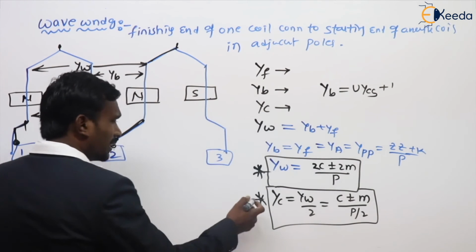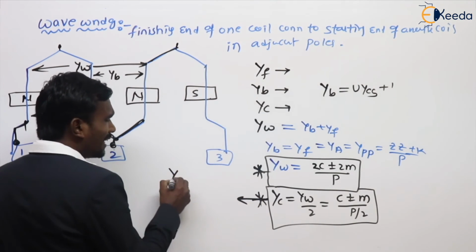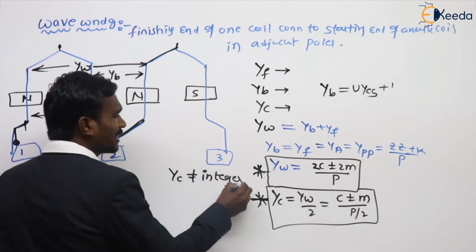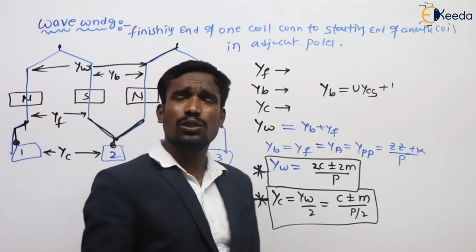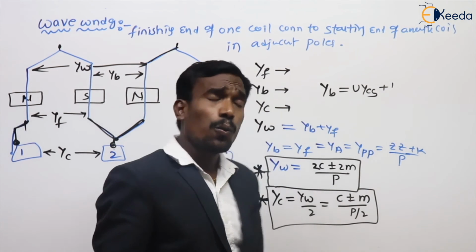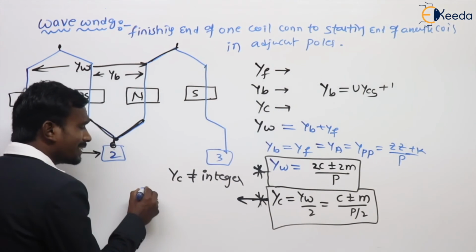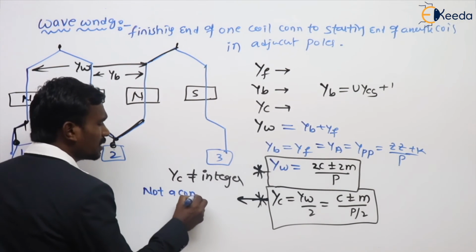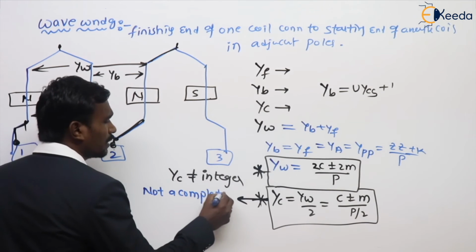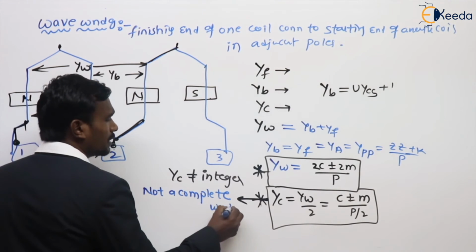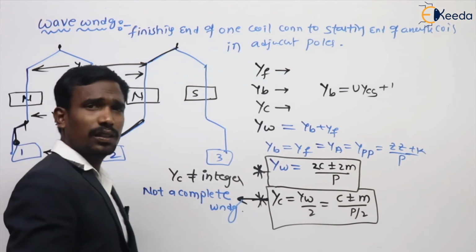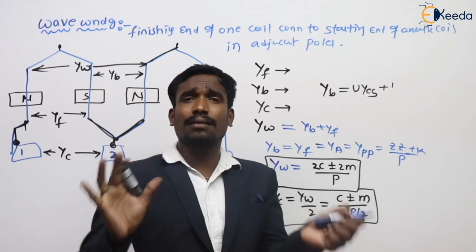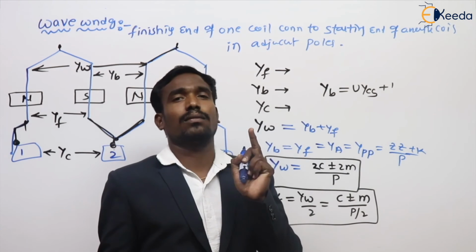Here, in our wave winding, YC is not an integer. This is actually a fraction. When this is a fraction, it represents that this is not a complete winding. This is incomplete winding. Wave winding is not at all a complete winding. When it is not a complete winding, it may lead to mechanical unbalance during rotation.